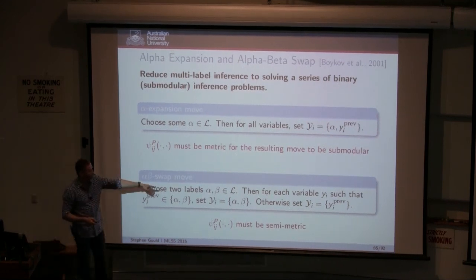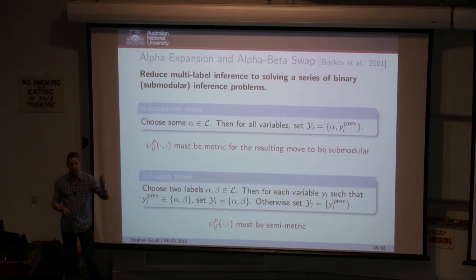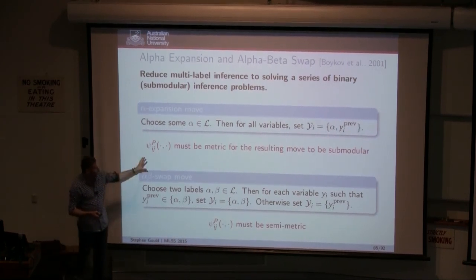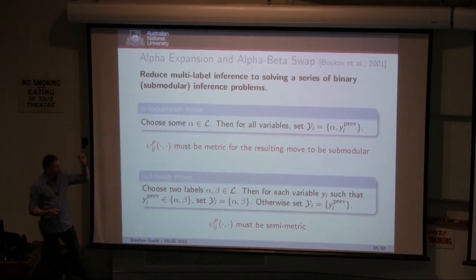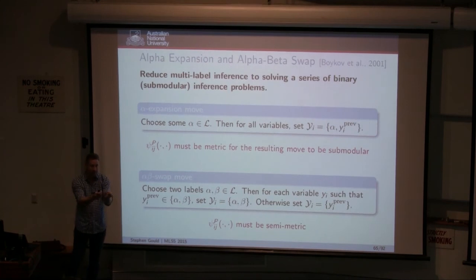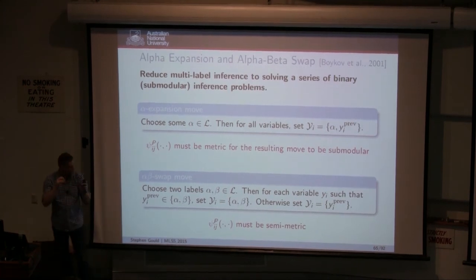For all the other variables, so the ones that don't take sky or grass, they're going to be fixed to their current assignment. Okay, so I'm allowing alpha and beta to swap. Again, here, if your original pairwise potential function is semi-metric, then when you project down onto this binary space, you end up with a submodular function, and you can use graph cuts to find the optimal move within that search space. Okay?